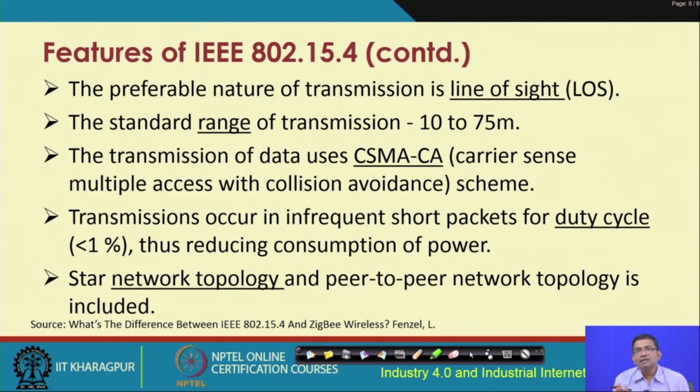That means the sensor will be active for a short duration of time, because that will reduce the power consumption. So, in this kind of environment 802.15.4 is useful. And the topologies that are typically used are network topologies such as the peer to peer topology, the star topology, and so on.